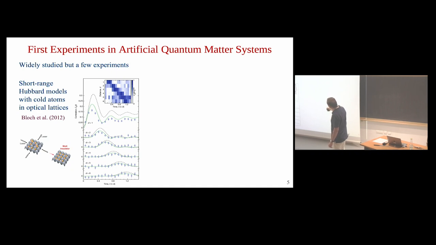And what they observe here is a propagation of a signal. Sorry, time is running in this way, so the propagation is in this way over here. So this was the first observation of this kind of topic. I would like to mention that there were some subtleties that were overlooked. In their case, it's not that important, but I will show you that in general it is super important.